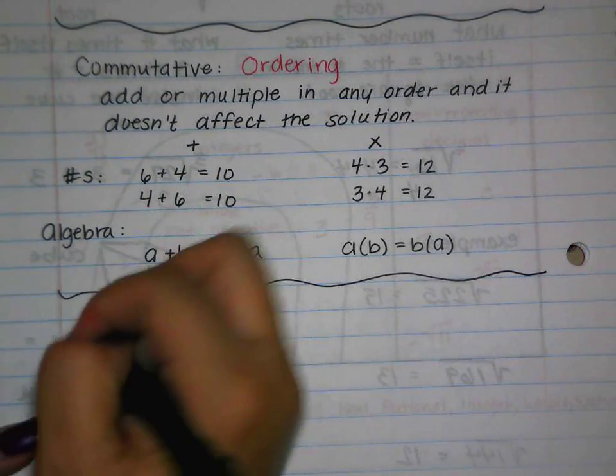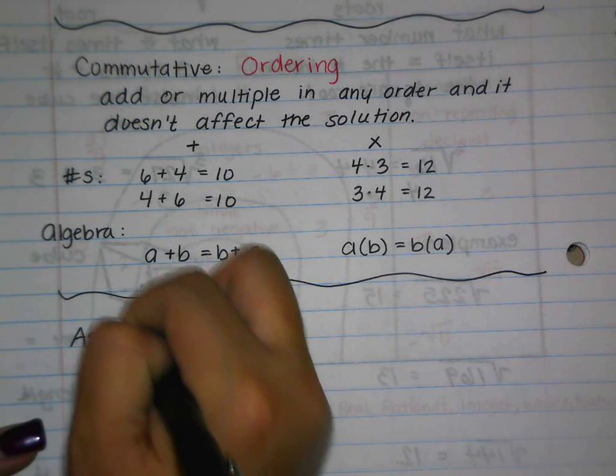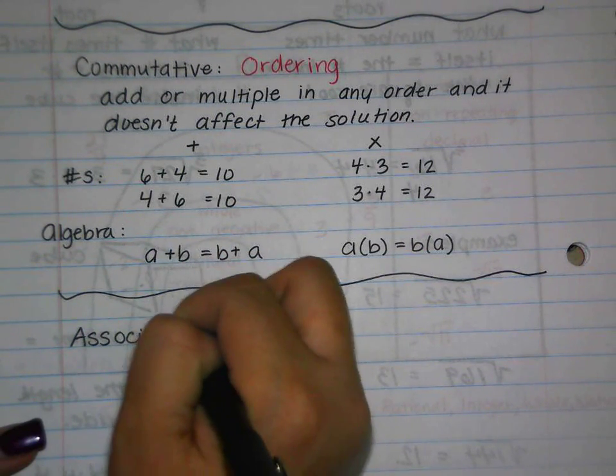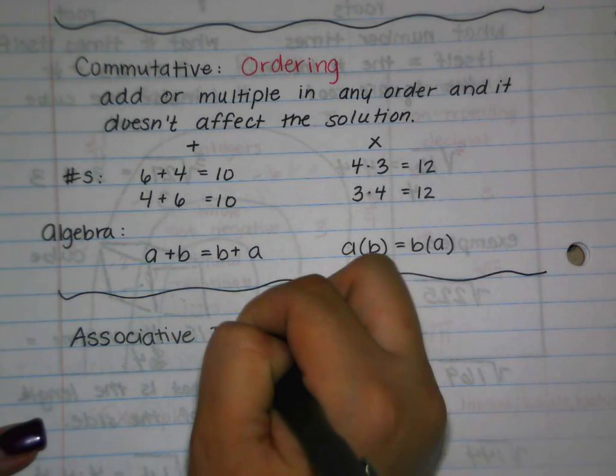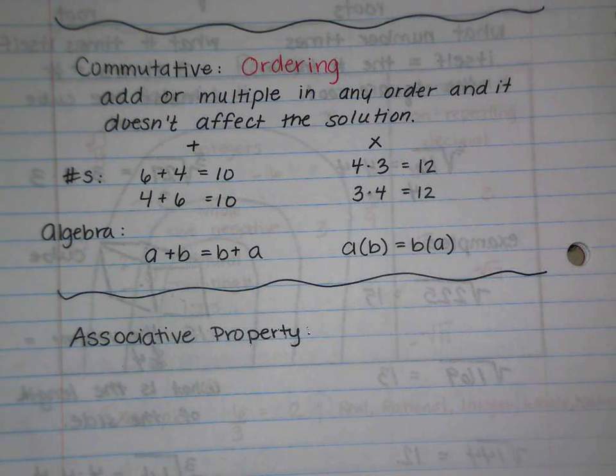So the second property we're going to talk about is the associative property. The associative property has to do a lot with parentheses.